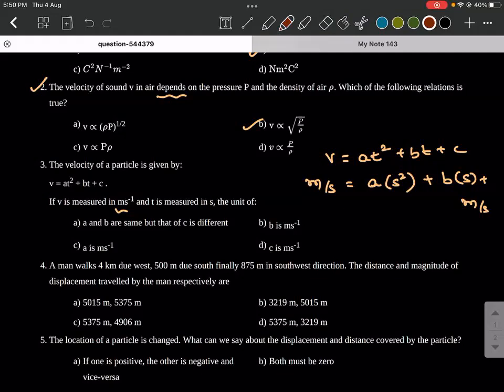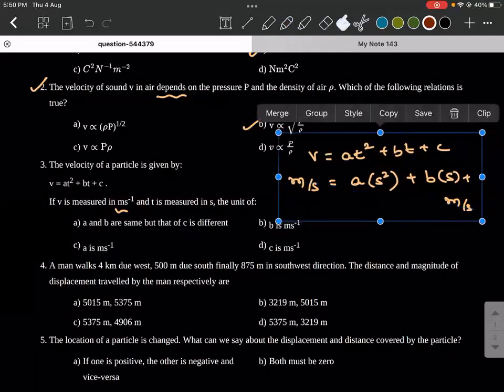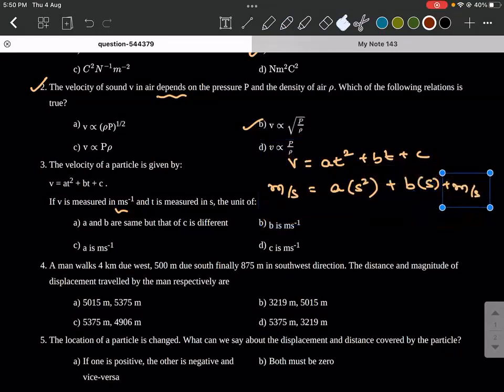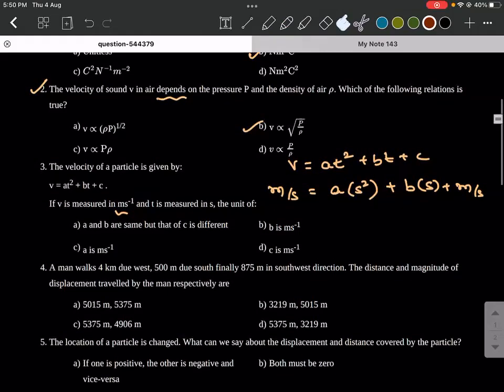Last class I told you one important point. You can add physical quantities only if they are of same dimension or same unit. You cannot add velocity to acceleration. You cannot add displacement to velocity. If this is velocity, the product of A into t square should also be velocity.